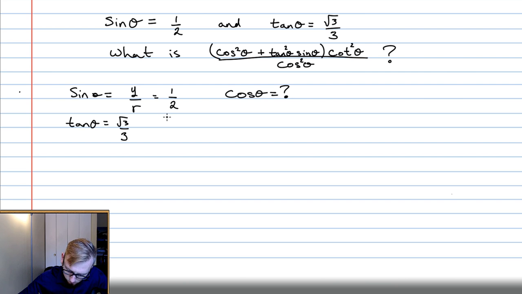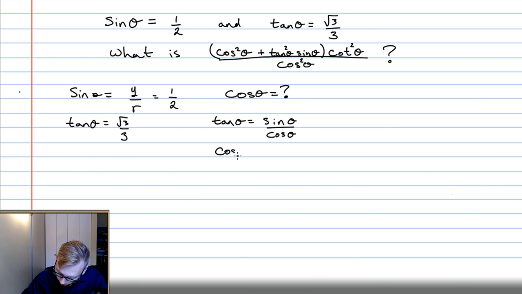So let's think about what our numbers should be. Tan theta is sine theta over cos theta, and we already have sine theta and we already have tan theta, so let's just cross multiply and get cos by itself.